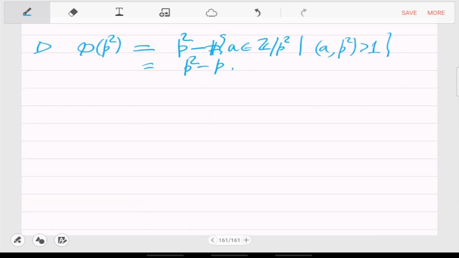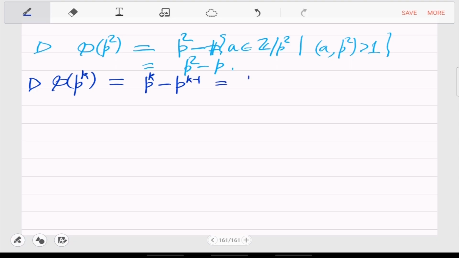And from this, what do you learn about prime powers? So phi of p to the k is what? If you did the same thing for p cube, you will get p cube minus p square, right? So in general, you will get p raised to k minus p raised to k minus 1.